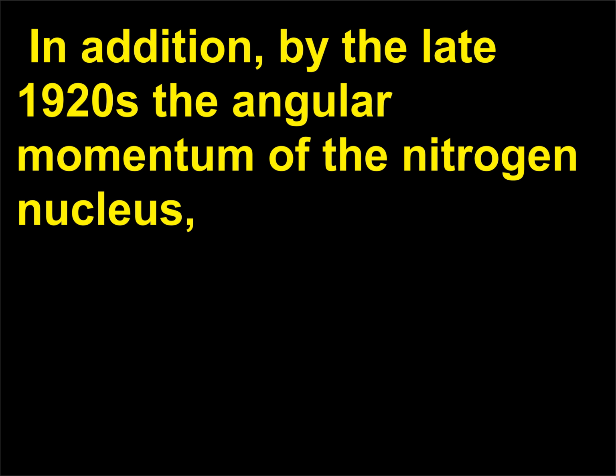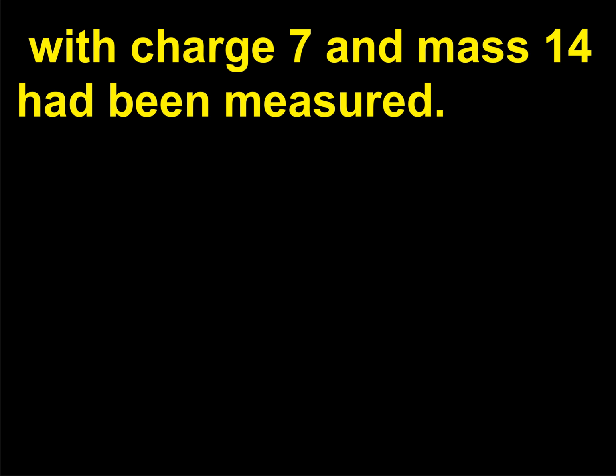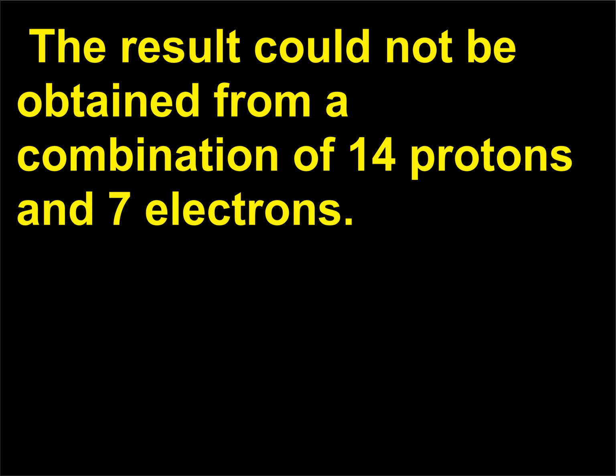In addition, by the late 1920s the angular momentum of the nitrogen nucleus, with charge 7 and mass 14, had been measured. The result could not be obtained from a combination of 14 protons and 7 electrons.